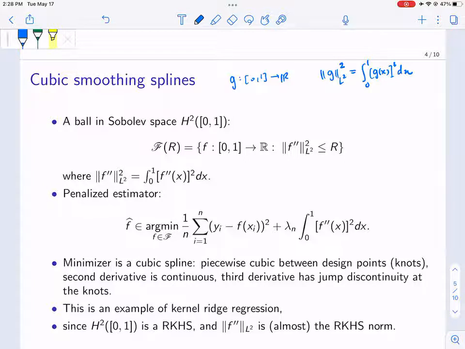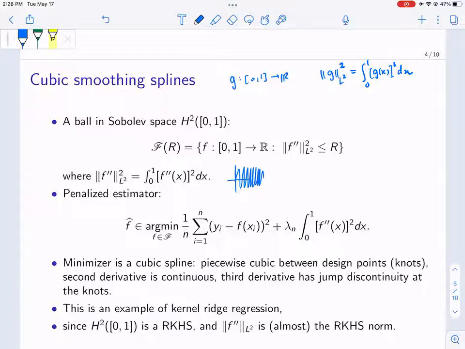So if you work with this class, it has to be sort of smooth, because the fact that this is finite prevents f from varying too much. If the first and the second derivative oscillate a lot, so if you have a function that just does this, and you try to take the derivative, things add up, and so this could blow up.